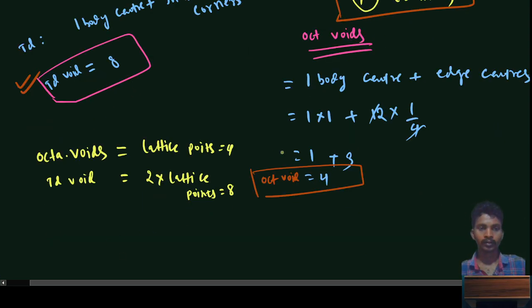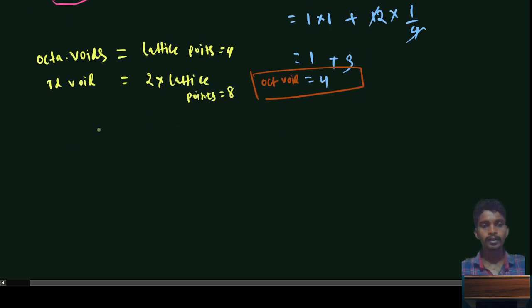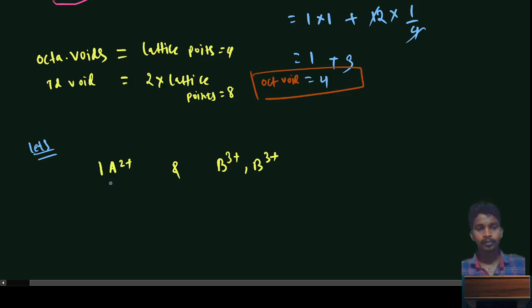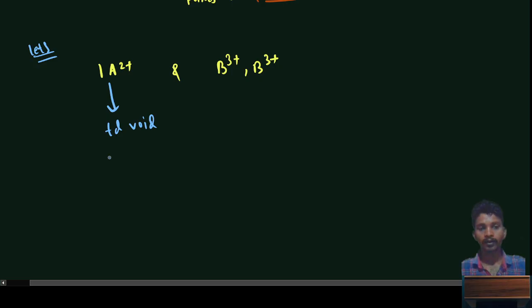So now, let's say we have one dication and three trications. If the dication is going to tetrahedral sites, how many tetrahedral sites are there? Total tetrahedral sites is equal to 8.